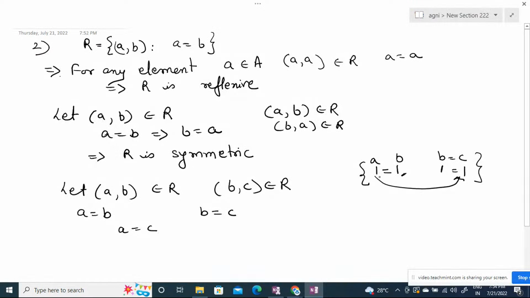We can take the example not only of 1, we can take 5, 6, so every term has the same term. So that means we can say that A comma C also belongs to R. So R is transitive.